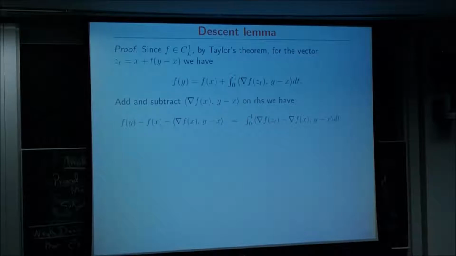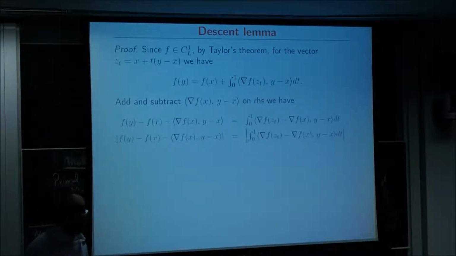I guess the easiest is just add and subtract the same thing from both sides. So now the left hand side is in the form we want. After that it's really simple algebra. Once you take absolute values of both sides, apply the triangle inequality, you get that.